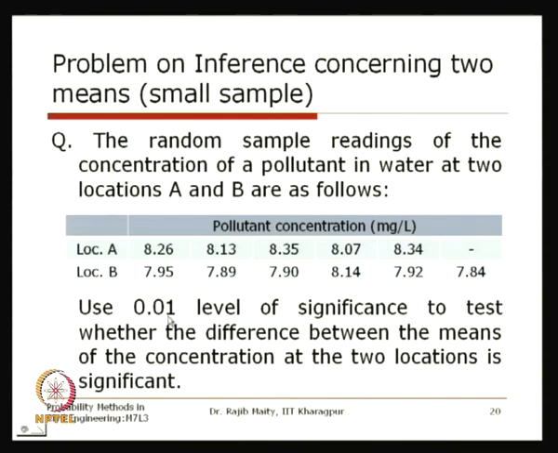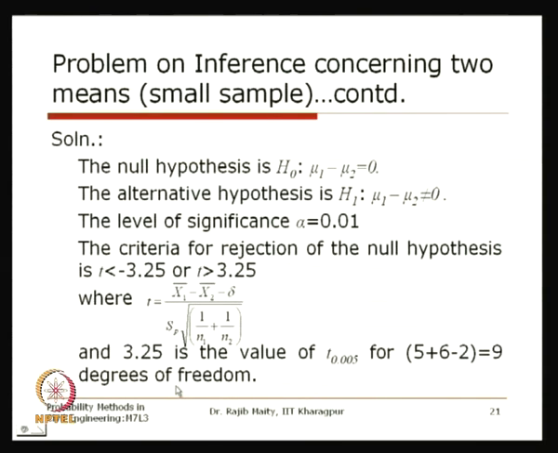Use the 0.01 level of significance to test whether the difference between the means of the concentration at the two locations is significant or not. First we formulate the hypothesis.